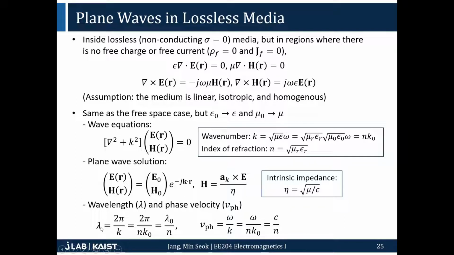Now if you calculate the wavelength, as I said, it's 2 pi over k, and because k is increased, the wavelength is decreased by a factor n, where n is again the refractive index. Similarly, phase velocity, which is omega over k, can also be calculated. The phase velocity of light in a material is slower than in free space, again by a factor n.